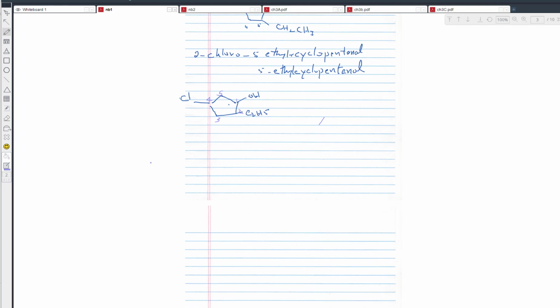We did E, now F. This one has a cyclohexane ring, and it has 3 OHs on it.